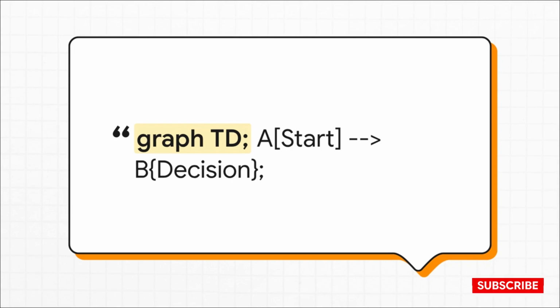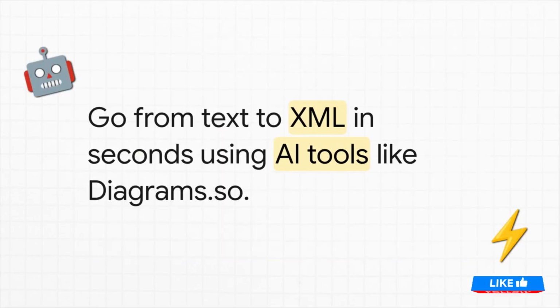Then you type A with the word start in brackets to create an action box, draw an arrow using some dashes, and point it to B with the word decision in curly braces to create your diamond. The library automatically renders the shapes, draws the arrows, and perfectly aligns everything for you. It is just incredibly efficient if you want to keep your hands on the keyboard and treat your diagrams as version-controlled code.